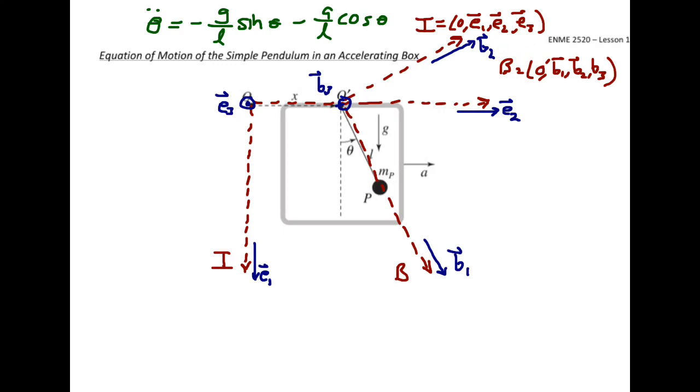This has an origin at O prime, which is not an inertially fixed point. In fact, it's accelerating to the right, along E2, with an acceleration of A.